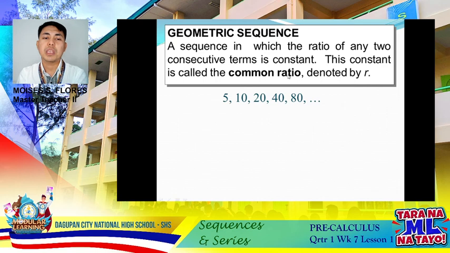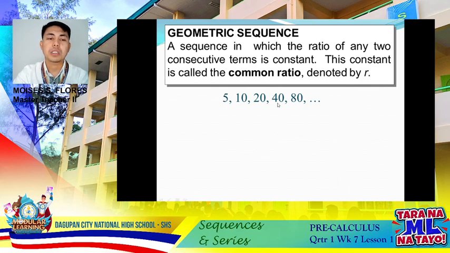As an example, here is 5, 10, 20, 40, and 80. To find the common ratio, we divide the second term by the first, or the third by the second, or the fourth by the third, and so on, from the words any two consecutive terms.